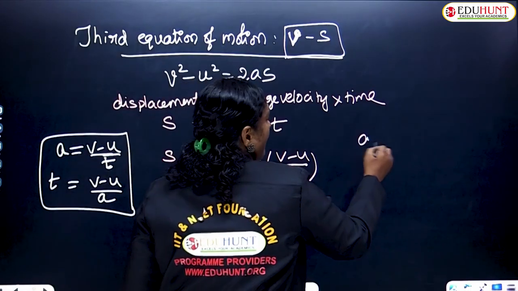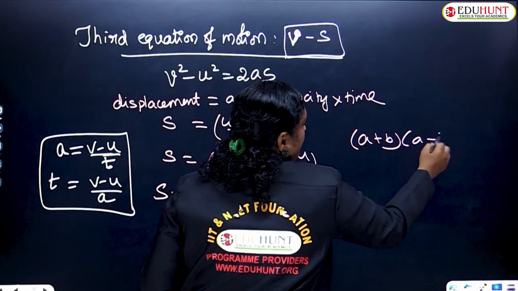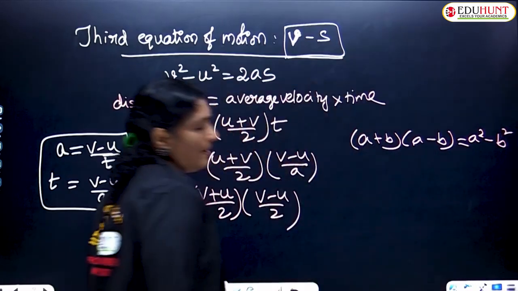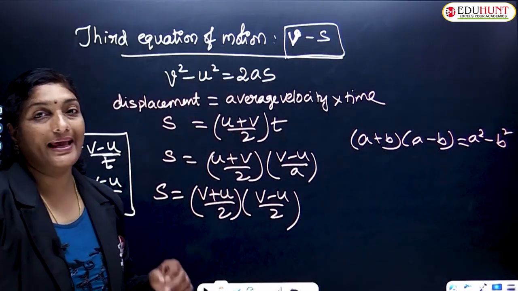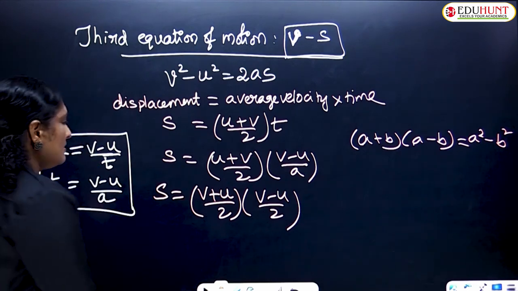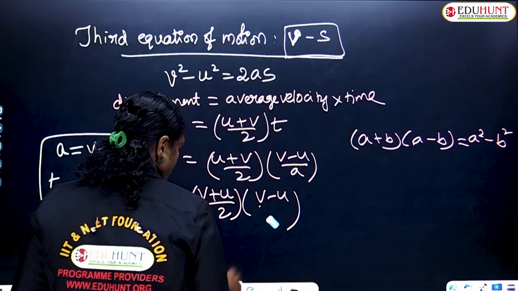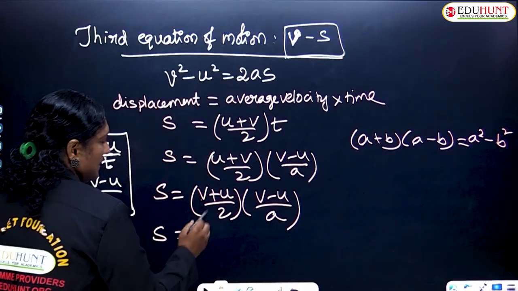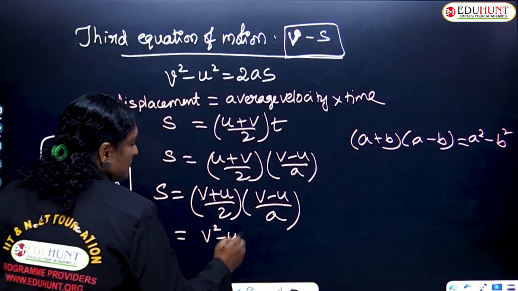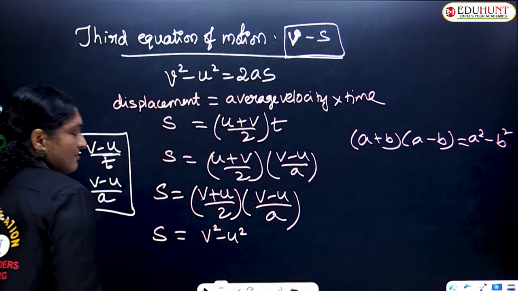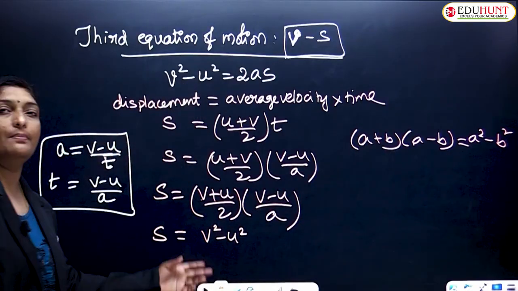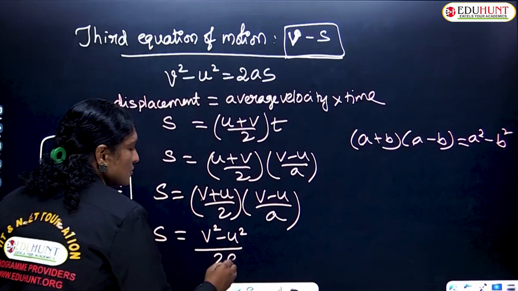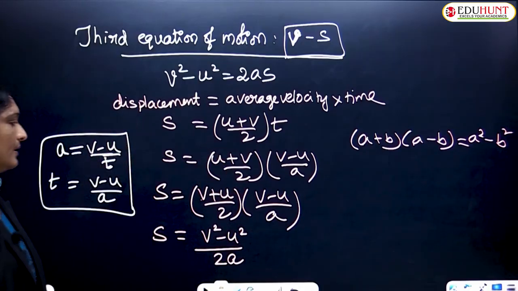So here also, (v plus u) into (v minus u) can be written as v square minus u square, whole upon 2 into a, which can be written as 2a.